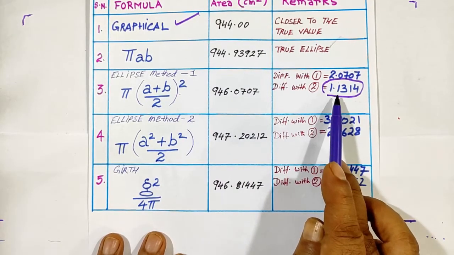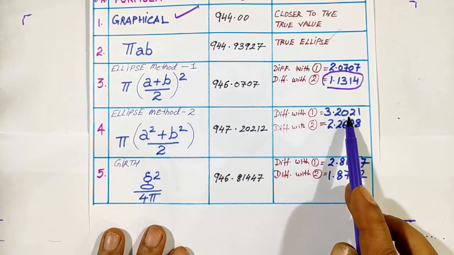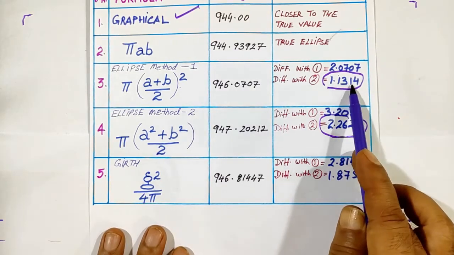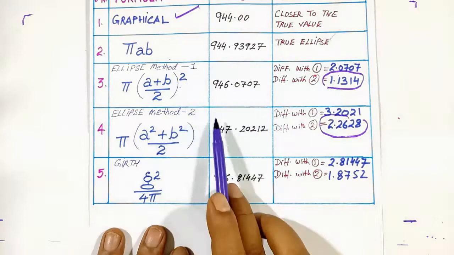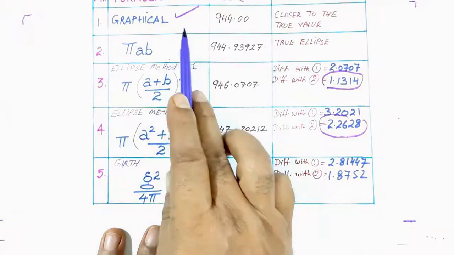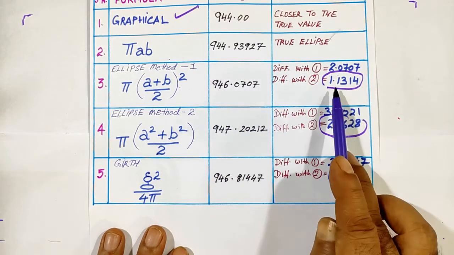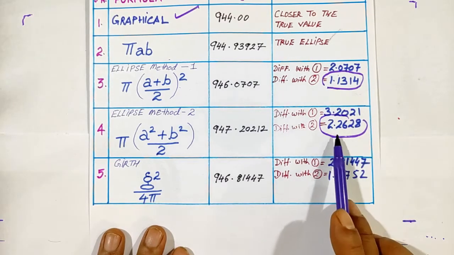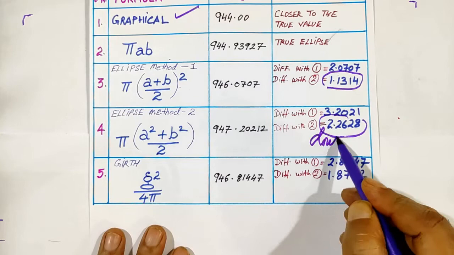With ellipse 2, you can see it is almost double, 2.26, when we subtract the true ellipse, and when we subtract the graphical, it is 3.2021. So with ellipse method 1 it is 1.13 and here it is 2.26, almost double.